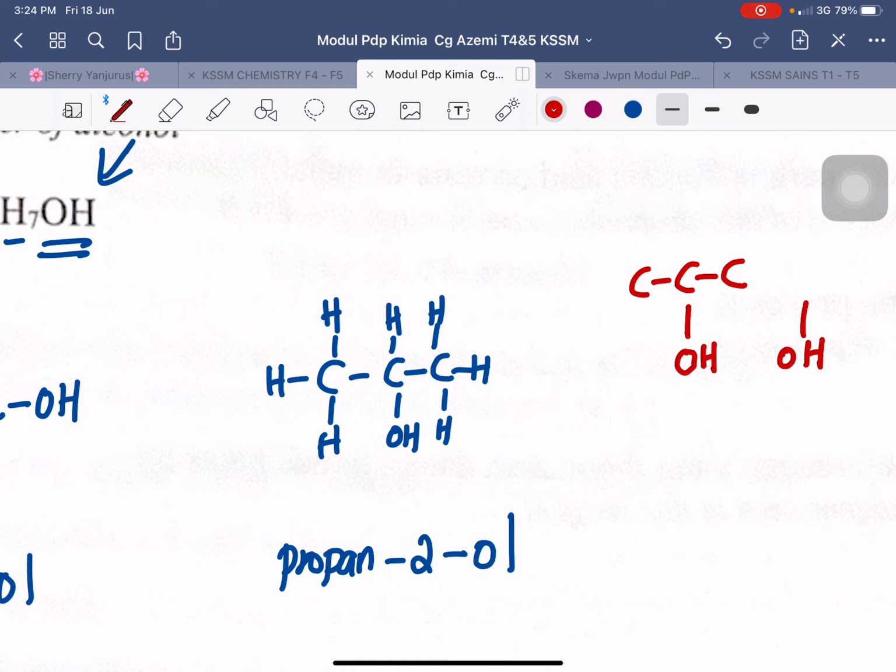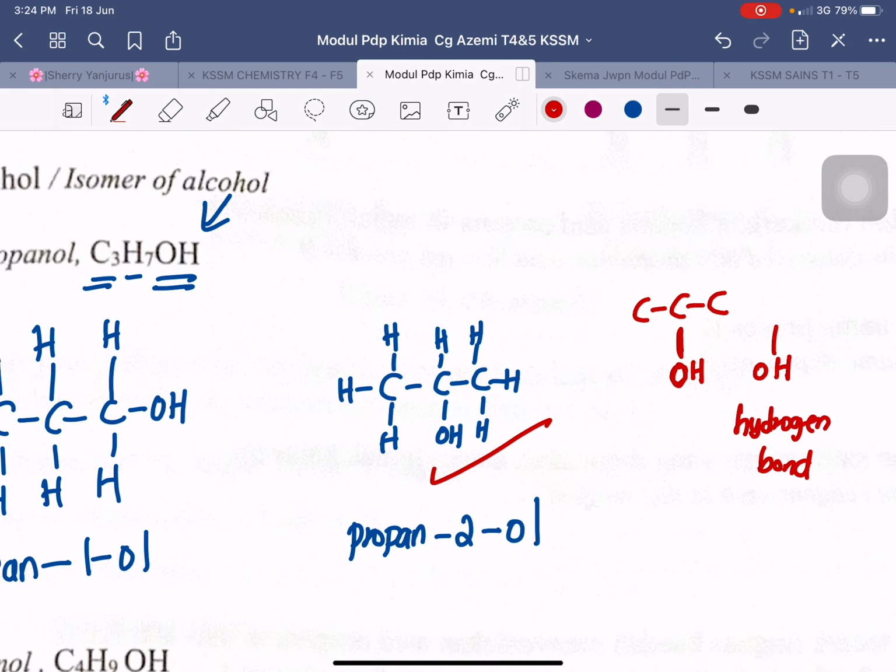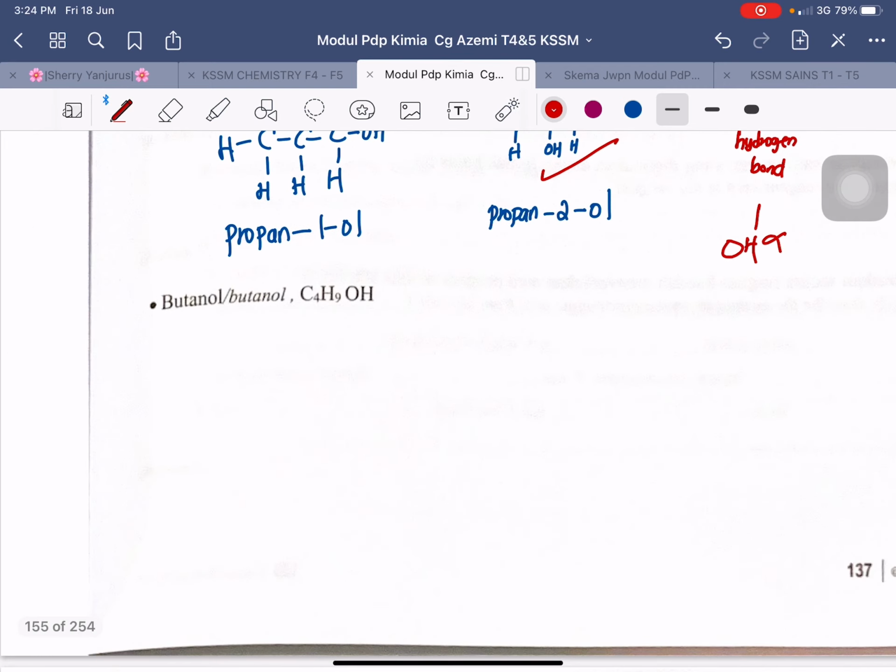I think I have explained this one to you due to the hydrogen bond form. So please remember, when you have alcohol, you must connect the bond to the O. So this is how you draw it. Please remember, don't draw in the middle and don't draw to the H like this. Salah. Correct. Okay.